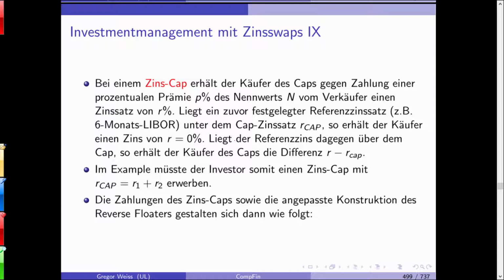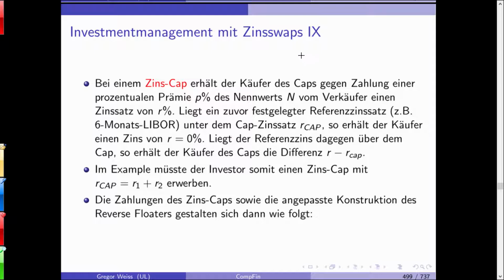Now, if a reference interest rate, for example, the 6-month Euribor or the LIBOR, is under the cap, you're getting 0. If instead the reference interest rate goes up, you will get the higher interest rate, but capped by our cap.